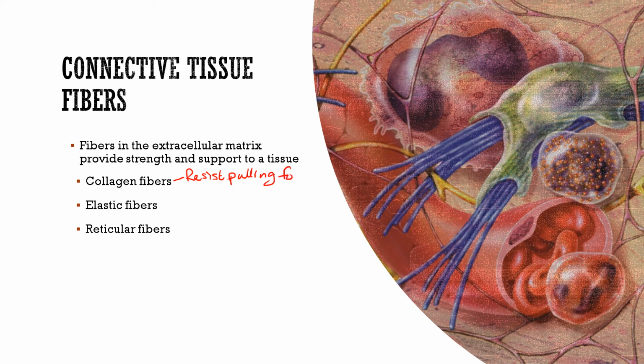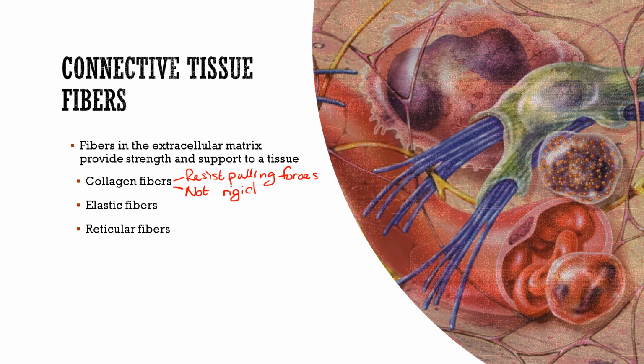So they resist pulling forces, but they are not really stiff or rigid. So this does allow for tissue flexibility. Now, the properties of collagen fibers will vary from tissue to tissue, and they're not completely consistent.